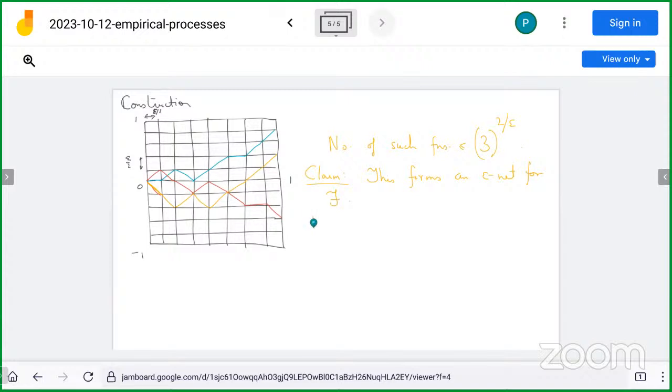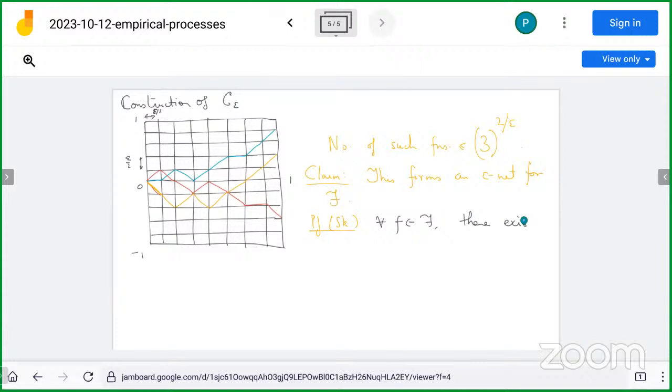So the proof sketch is that there exists, for every function, a rounded one.